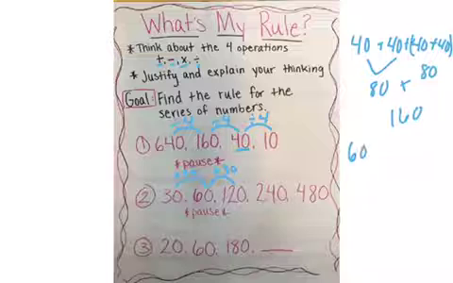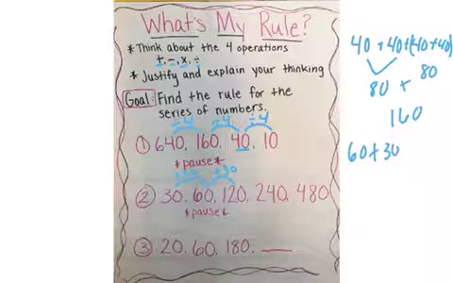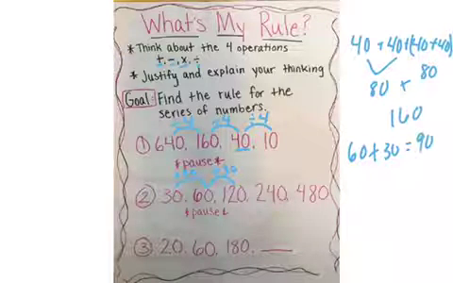Well, 60 plus 30 is only 90, so it can't be addition. Well, I know that I doubled here. I took 30 plus 30 to get 60, and that's a double, which in multiplication, in doubling, that would work.